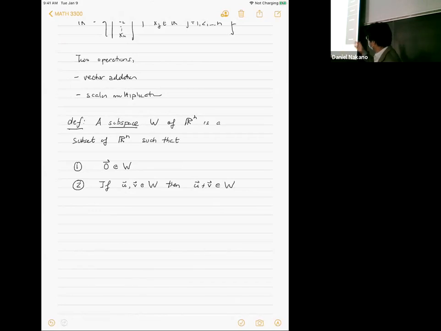Okay, so it's closed under vector addition. And then it's also closed under scalar multiplication. So if lambda is a real number, and U is in W, then lambda times U is also in W.